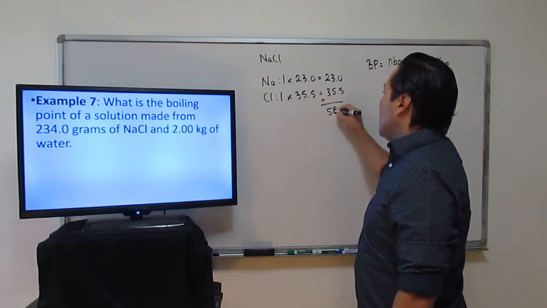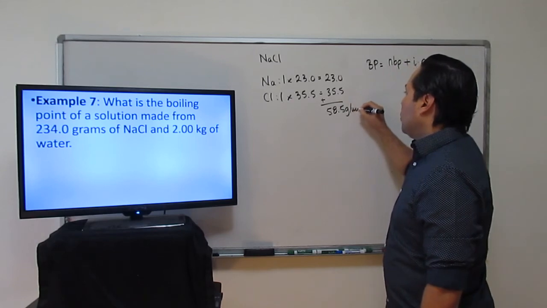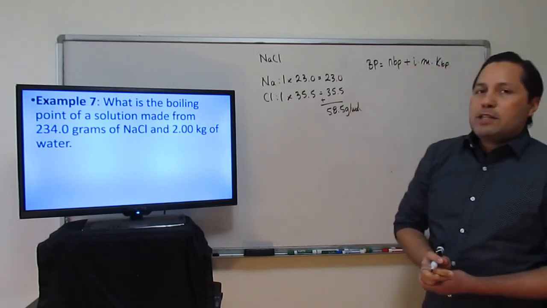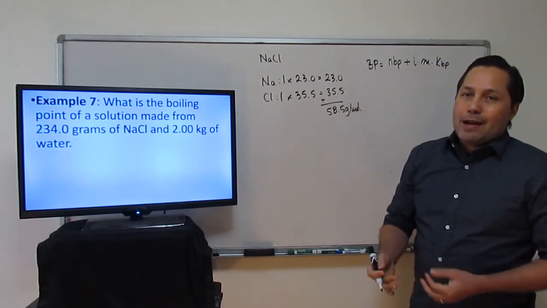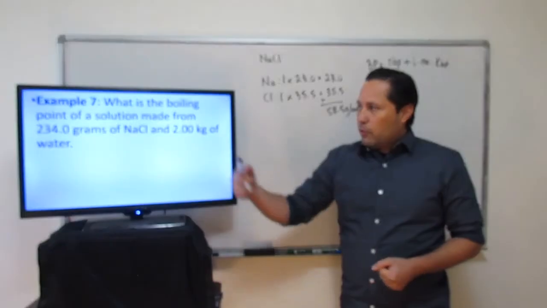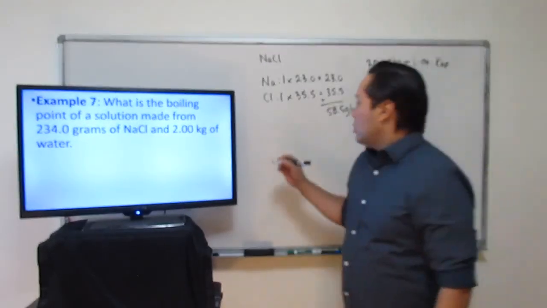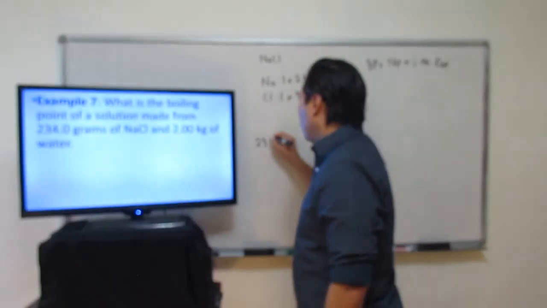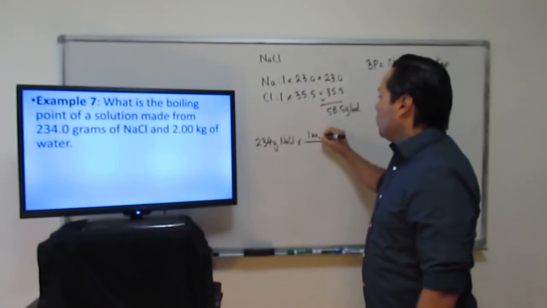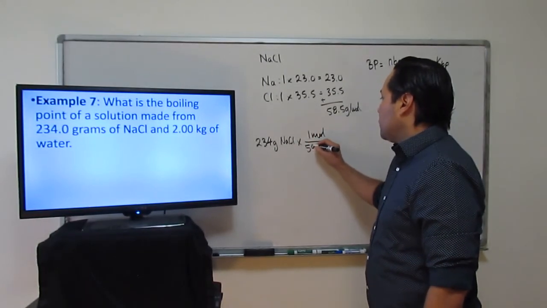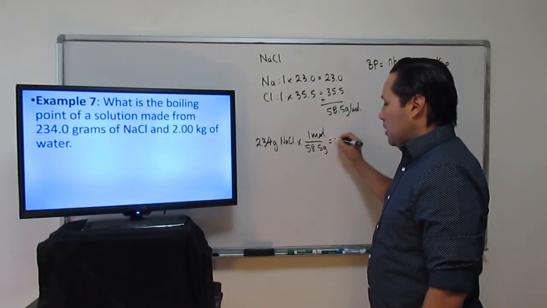So it'll give us 58.5 grams per mole. Alright, so that is the molar mass of the sodium chloride. Now we're going to use that to switch those 234 grams to moles. So I'm going to write down 234 grams of NaCl, put 1 mole in the numerator, and the molar mass, excuse me, on the denominator.